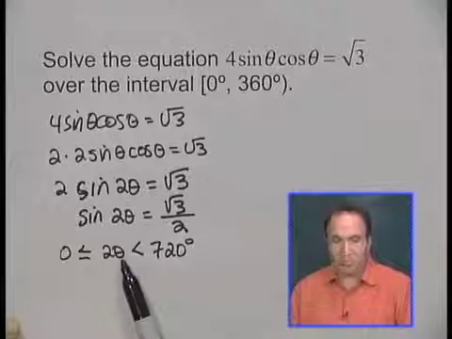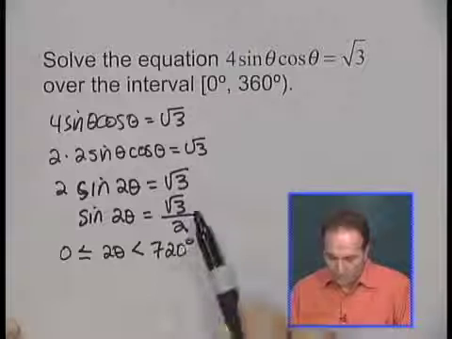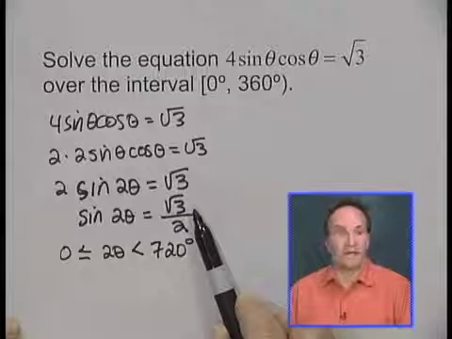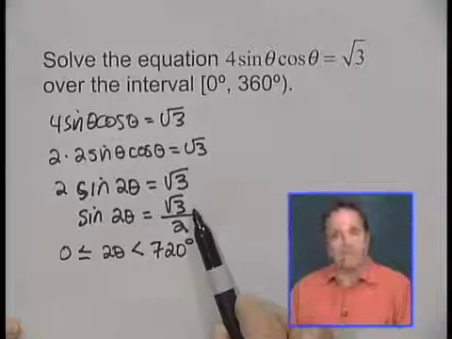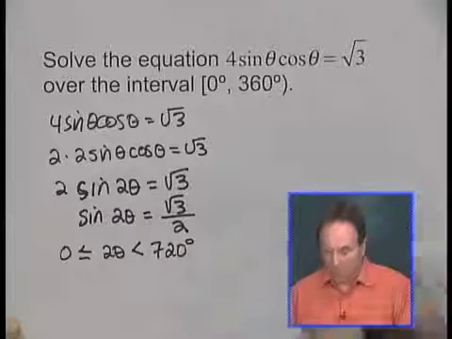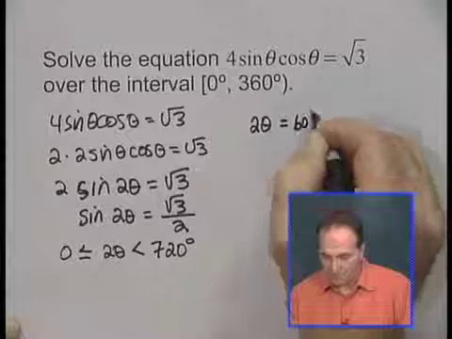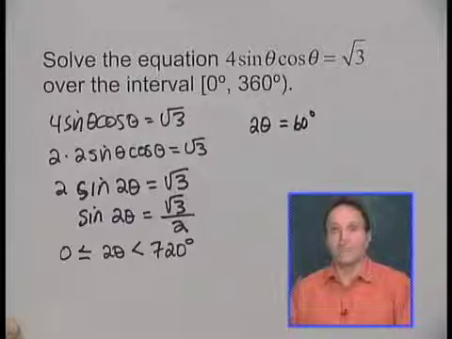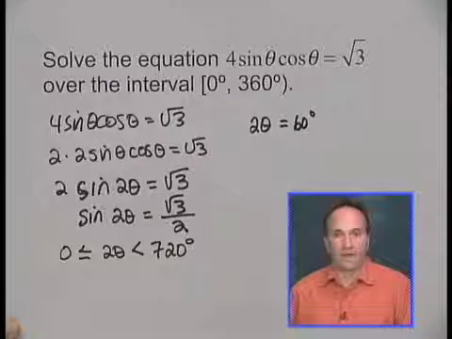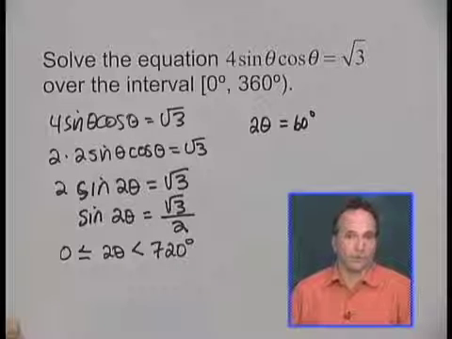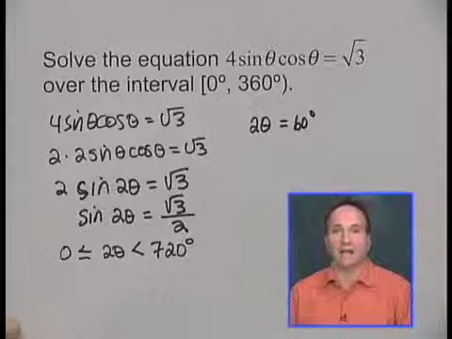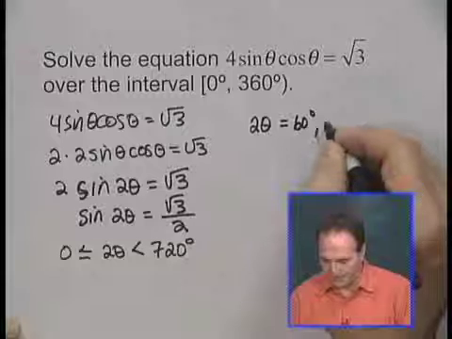Well, again, we said that sine, which is positive, is in quadrants 1 and 2. Therefore, one of the values would be 60 degrees. The equivalent reference angle 60 degrees in quadrant 2 would give us an angle of 120 degrees.